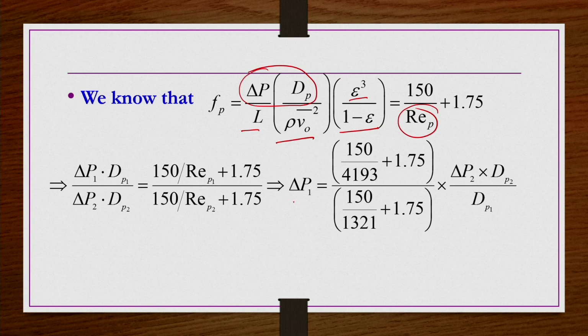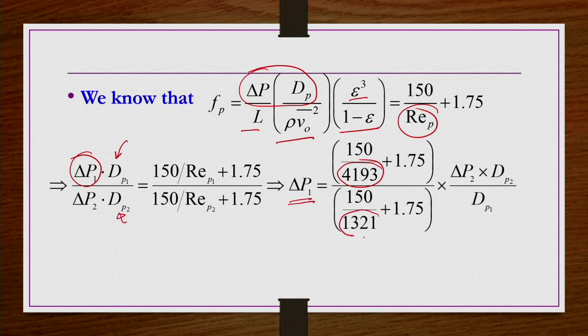So, let us take the present case as delta P1, because for Rep1 I have used 4193 in the calculations. So, only delta P1 is not known; dP1 we just found as 0.44 mm, something like this, right.